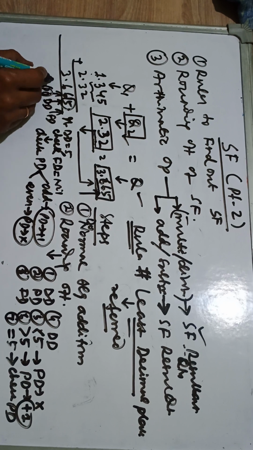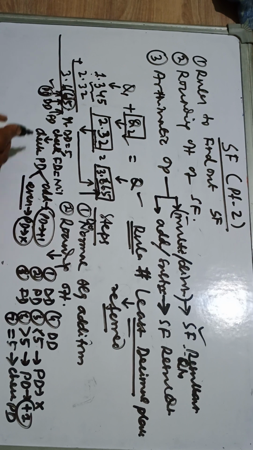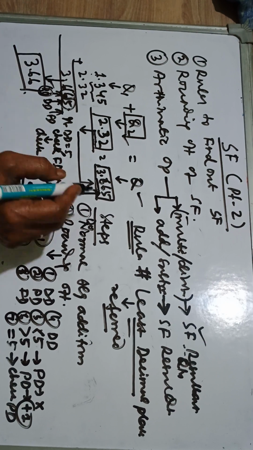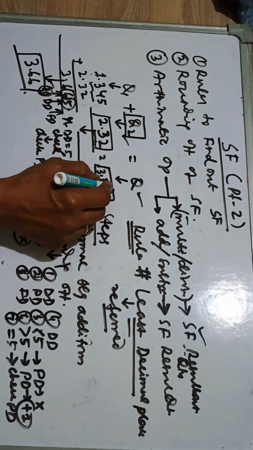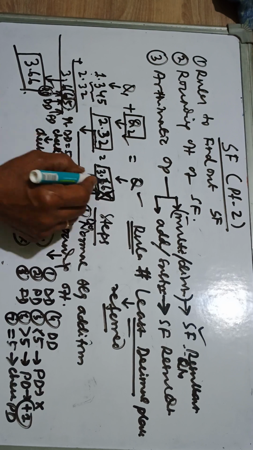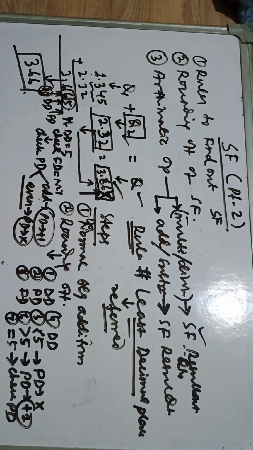Here PD is 6, even. That means there is no change. The final result will be 3.66. The dropped digit is removed. Final result will be 3.66.